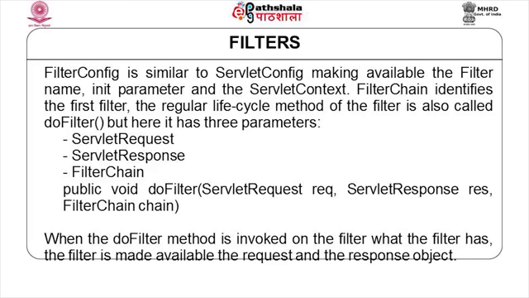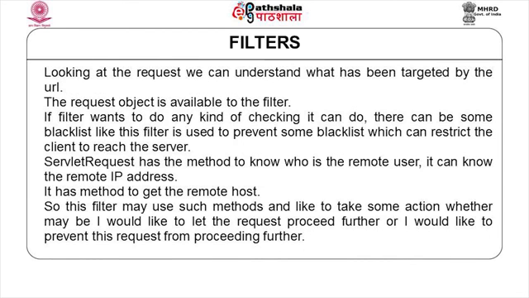It can look at various aspects of the request, what is being targeted, it can get hold of the URL and every other thing. The request object is available to the filter. If the filter wants to do any kind of checking, it can do that. Maybe there is some blacklist, and this filter may be just to prevent some blacklisted clients from reaching the server.